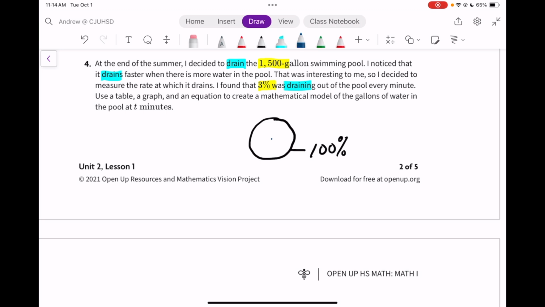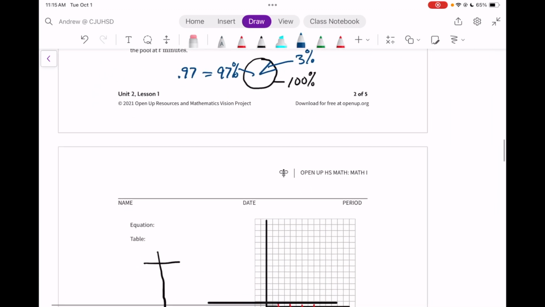Well, here, I'm going to exaggerate the size. Here's 3%. We're removing that. How much is left, though? 97% has to be left so that it adds up to 100%. That means our multiplier is 0.97. Now let's go back. For this one, I'll do the equation first.